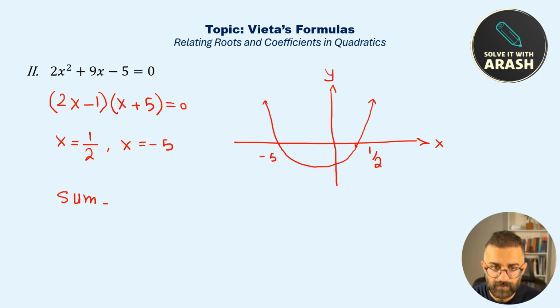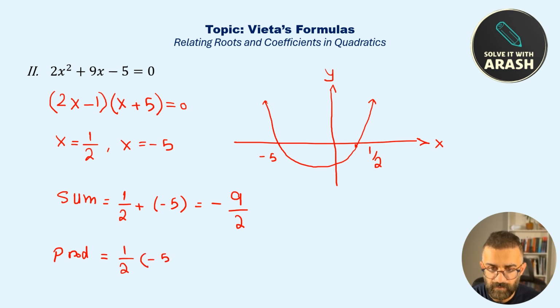The sum of the roots is going to be 1/2 plus -5. By finding the common denominator and adding these two numbers, the result is going to be -9/2. Product of the roots is 1/2 times -5, which equals -5/2.